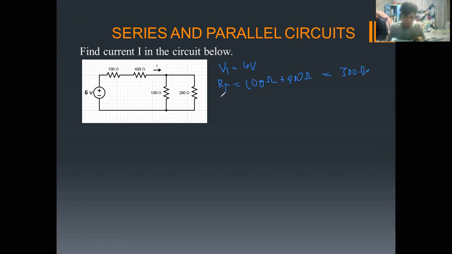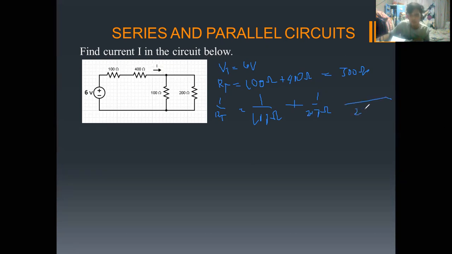Para makuha naman natin yung sa parallel, 1 over RT equals 1 over 100 ohms plus 1 over 200 ohms. So, ganun lang din, LCD lang ulit tayo.